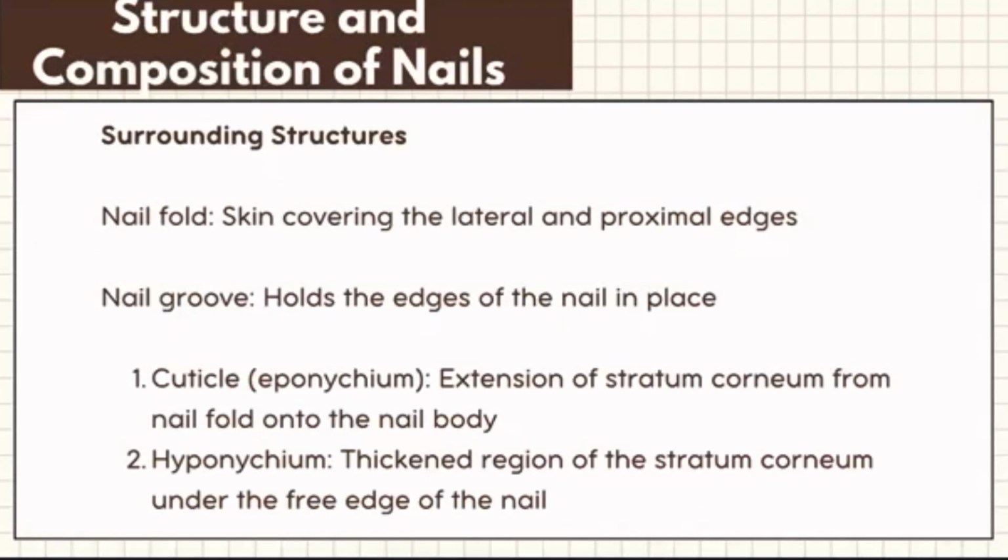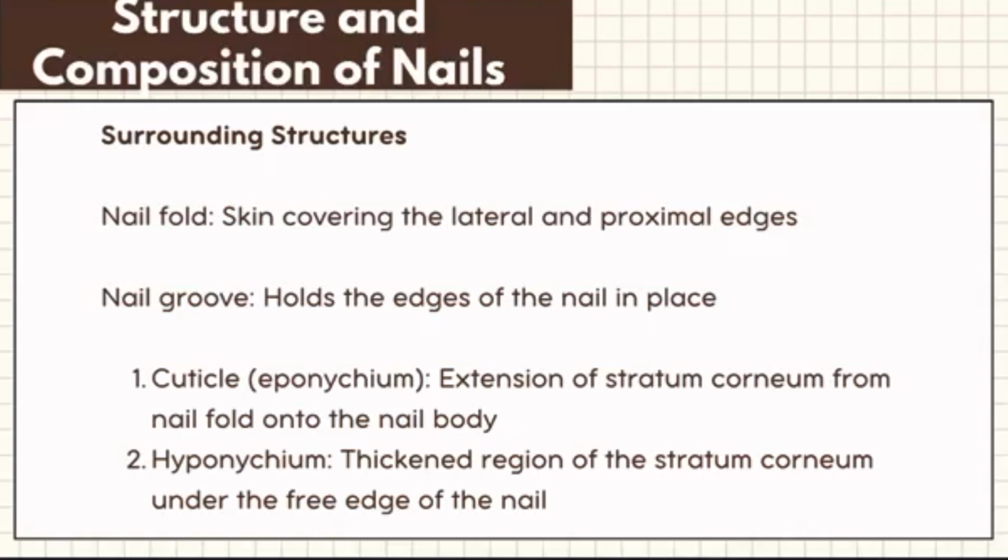We have here surrounding structures. Nail fold is skin covering the lateral and proximal edges, and it acts like a border or frame around your nails. While the nail groove helps guide the nails as they grow straight.